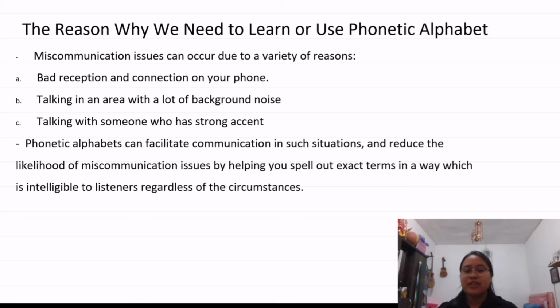The phonetic alphabet can also facilitate communication in such situations and reduce the likelihood of miscommunication, by helping you spell out exact terms in a way that is intelligible to listeners regardless of the circumstances. This can be valuable. For example, if you are a receptionist at a hotel and you receive a call from a customer who wants to reserve a room, but you cannot catch the name of the customer, you can ask them to spell their name using the NATO phonetic alphabet.